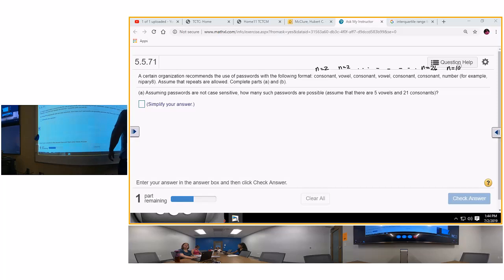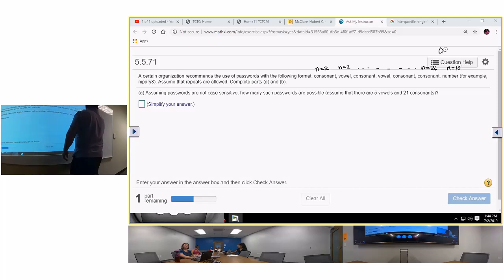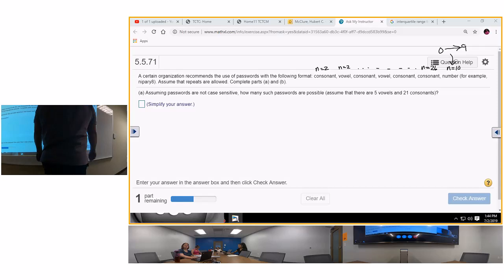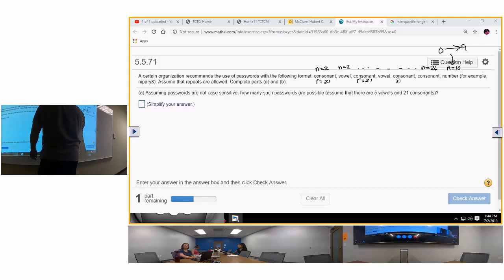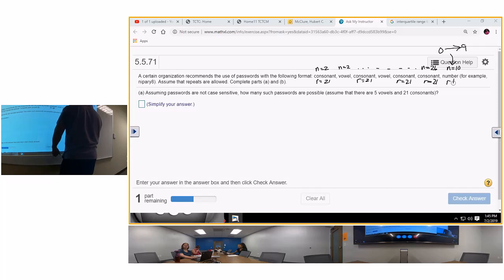Why? Because all numbers go from 0 to 9. So that's 10. Okay? And here, your r is going to be consonant 21. R is equal to 1, because in this case, you're only going to pick 1.